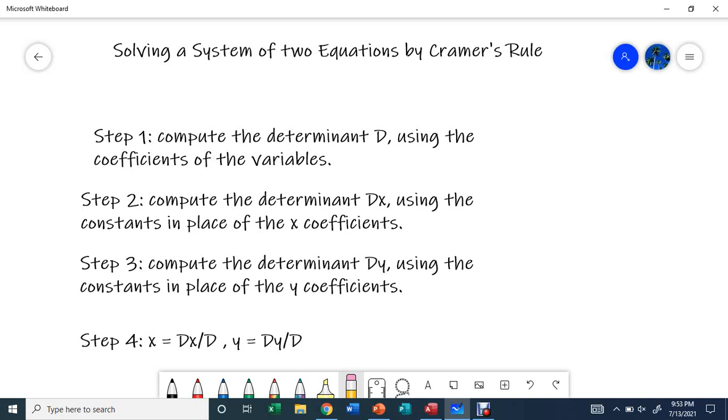And in step 3, you need to compute the determinant Dy using the constants in place of the y coefficients. Then x will be Dx over D and y will be Dy over D. And of course D is not equal to 0. If D equals 0, the system has no solutions. So let's apply this method and these steps to solve the first example.